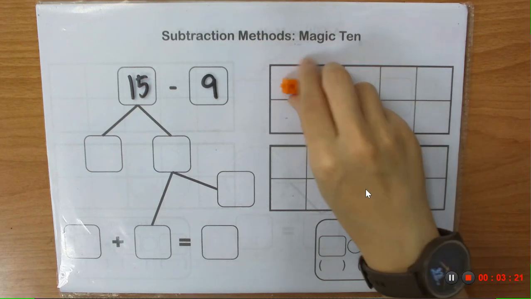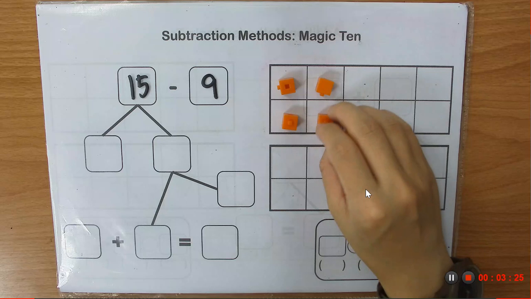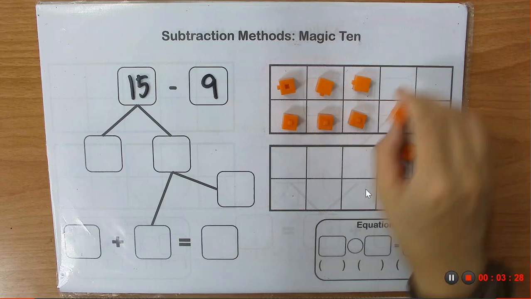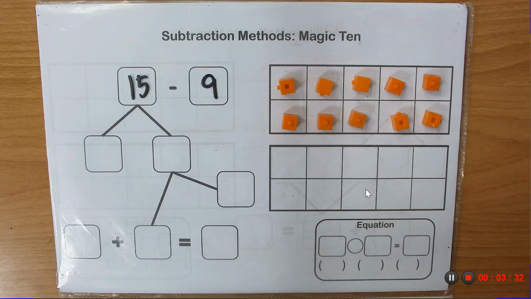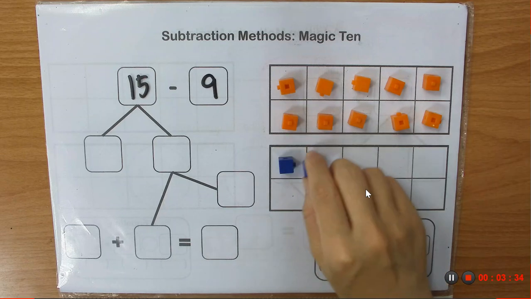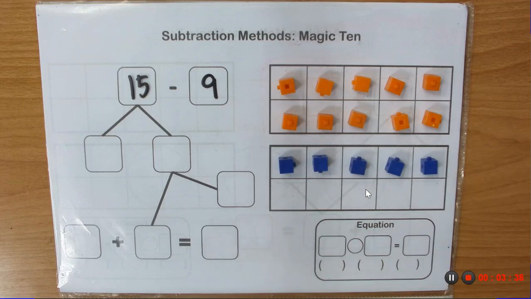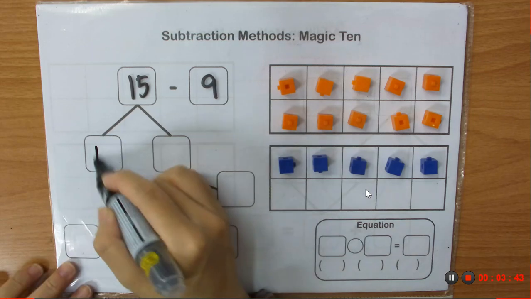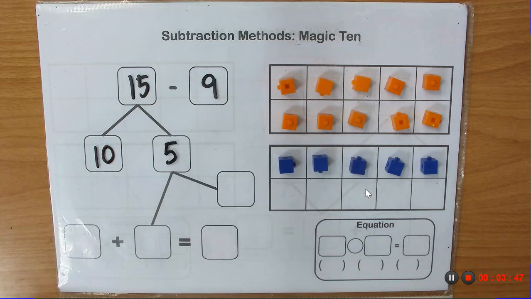We already know that when we talk about 15, that's 1 ten, a full 10 frame here, and 5 ones. So 15 is 10 and 5. This is how we have learned subtraction from ones strategy.